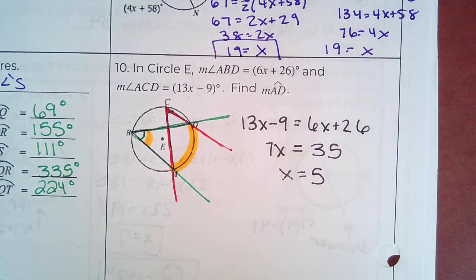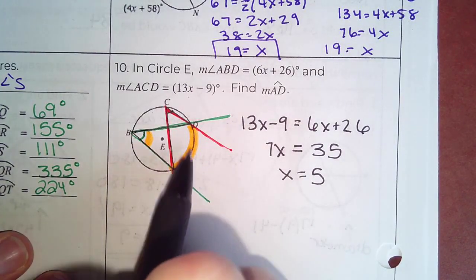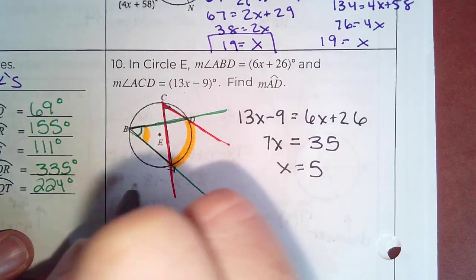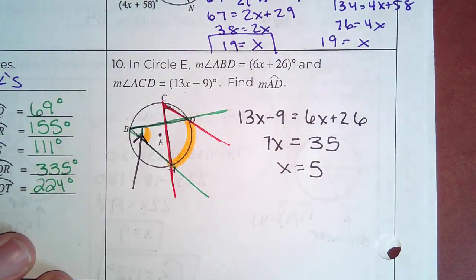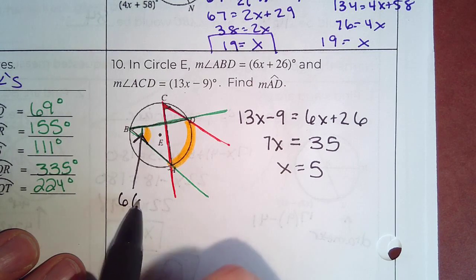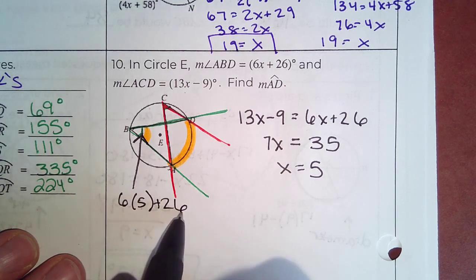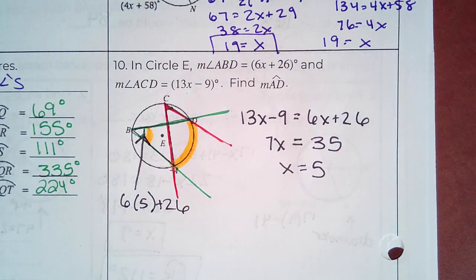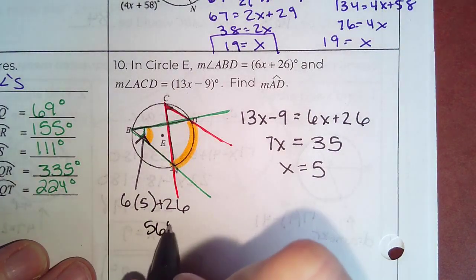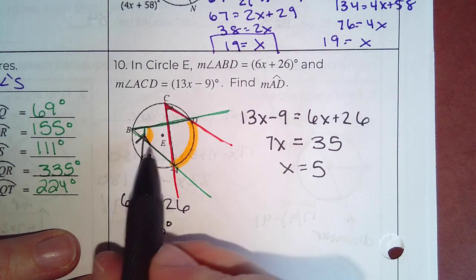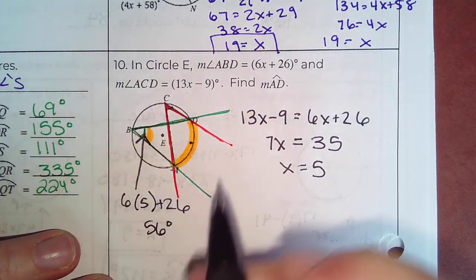So here's a little bit of critical thinking. I was asked to find arc AD. First, I need to find the angle. So I'm going to find this angle that's 6 times 5 plus 26. That is 56 degrees. And I know that the arc is twice that, so times 2.